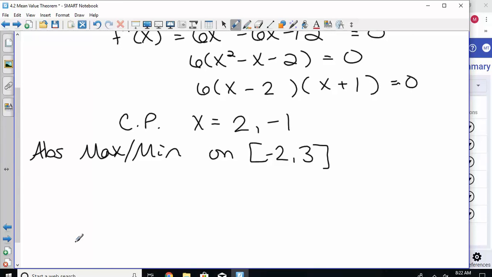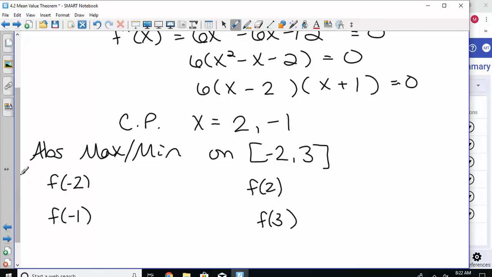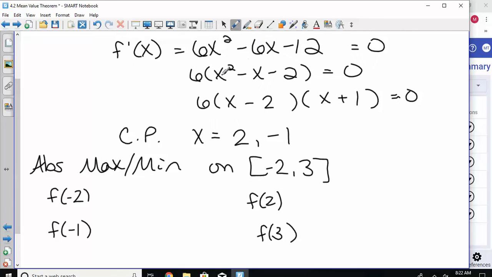Once you find your critical numbers, you have to check: are both of those in my interval? Yes. If they're not, then you ignore the one that's not. If I had like a -4, I just wouldn't use it. And then if you remember, we plugged in the critical points and the endpoints into the original.